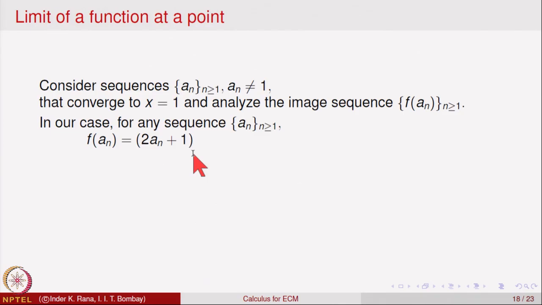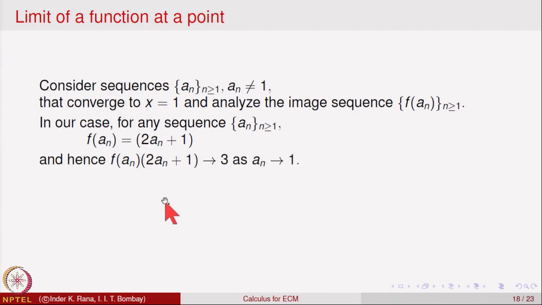Well, now we have to apply our limit theorems for sequences. We know a n converges to 1. If a n is converging to 1, 2 a n will converge to 2 by the limit theorems for sequences, and 2 a n plus 1 will converge to 2 plus 1.